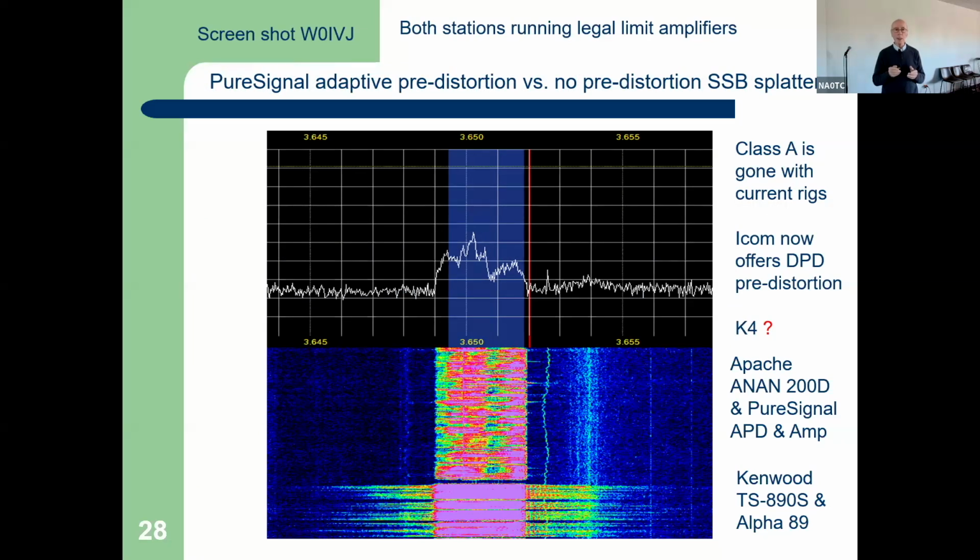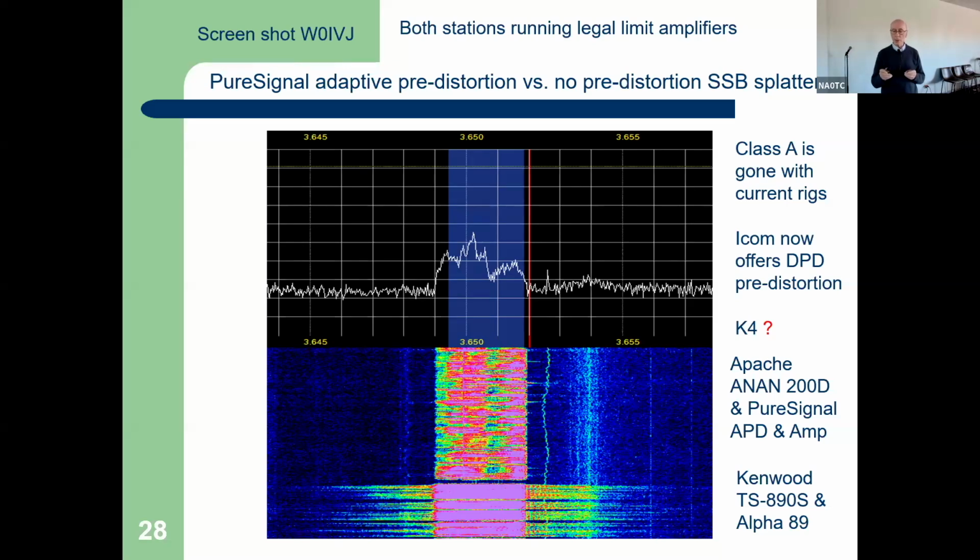Now the ways to clean up the signal, we had Class A with a couple, three Yaesu rigs, the Mark V, the 1000D, and the Mark V field. But that's gone. The 101D and the 101MP no longer have Class A, so that's out the window. ICOM has this digital predistortion. K4, nothing yet. They've talked about it since the introduction of the K4, but we're not there.